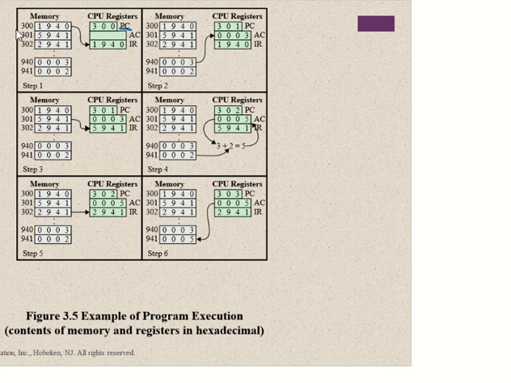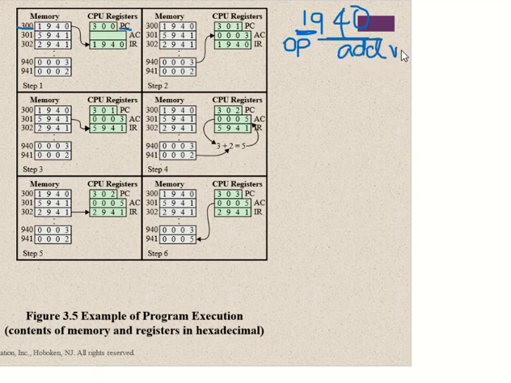Address 300 is a memory location, and it contains some instruction. Let me write it here: 1940. So 1 is the opcode, and 940 is the address, the memory location.